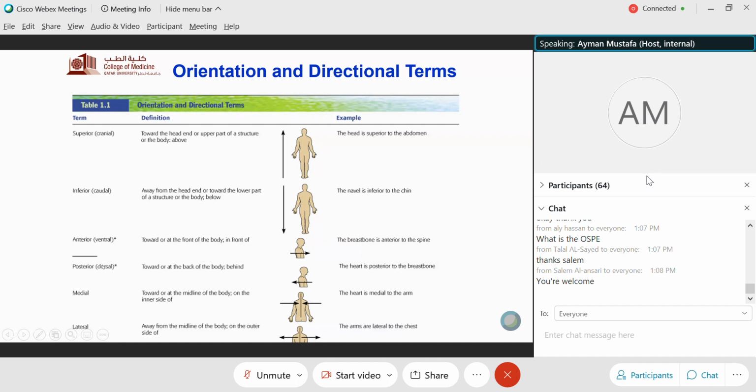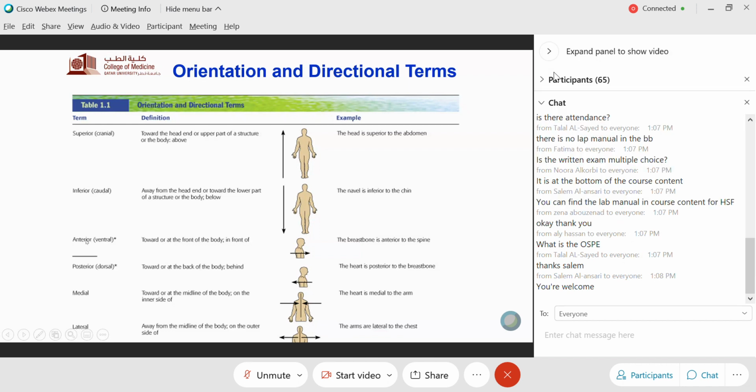The second pair are anterior, posterior. Notice that sometimes ventral is used instead of anterior. So ventral means the same as anterior. Dorsal means the same as posterior. Anterior means closest to the front of the body. Posterior means away from the front of the body, closest to the back.